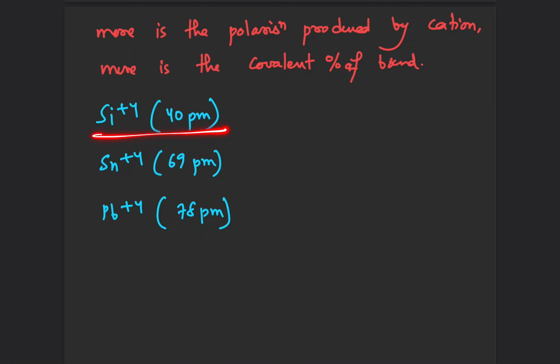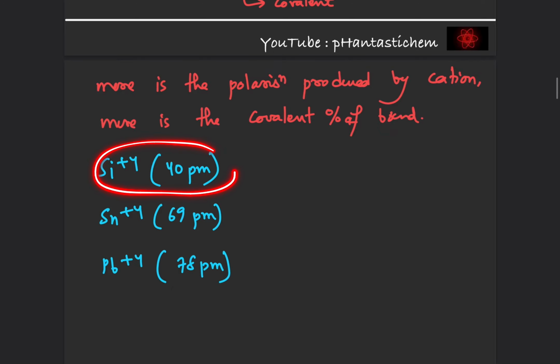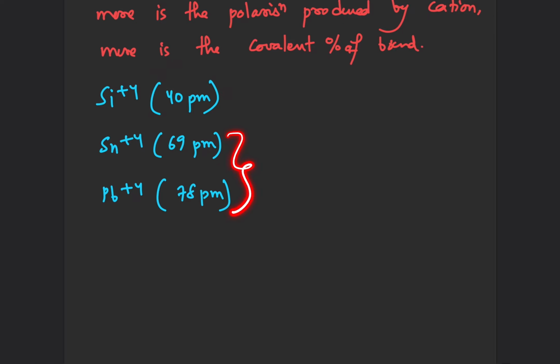So it will produce the maximum polarization of the fluoride anion, due to which it is predominantly covalent. And SnF4 and PbF4 are predominantly ionic because the polarization produced by Sn plus 4 and Pb plus 4 is comparatively less because of their bigger sizes.